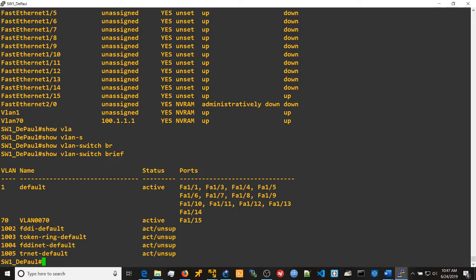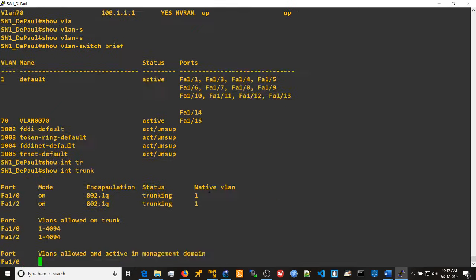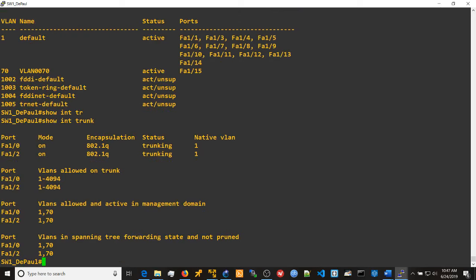Let's see the trunk. Show interface trunk. So it's Fast Ethernet 1/0 and 1/1 that are trunks. So let's look at show spanning tree.